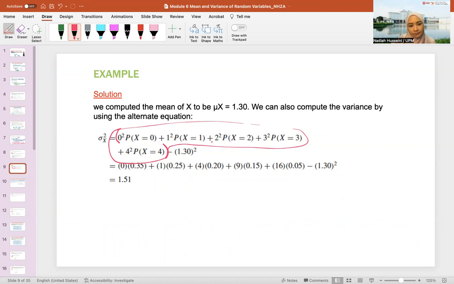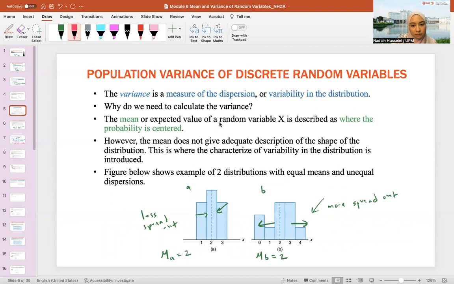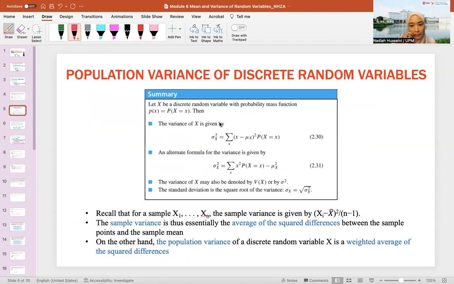How do I say? Let's see. Is this not part of the sum? Then they should have indicated it like this.